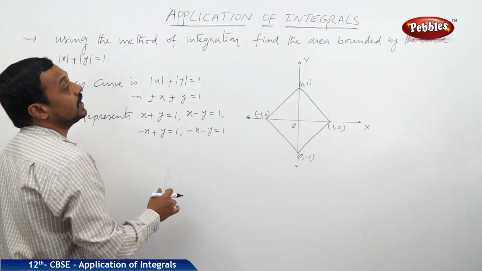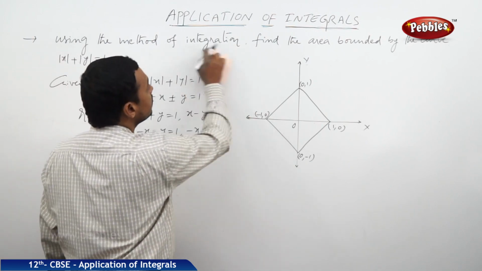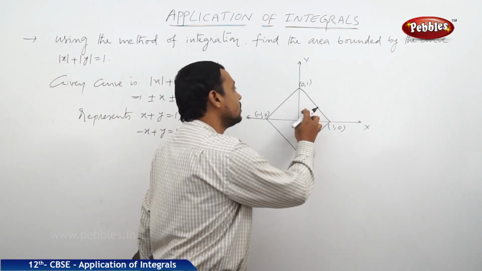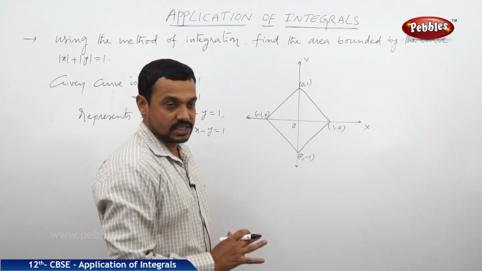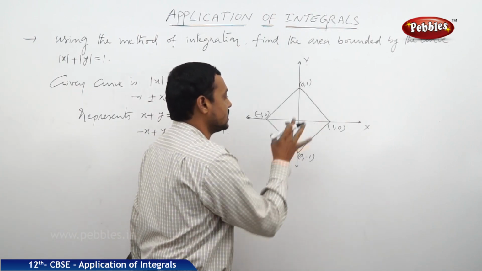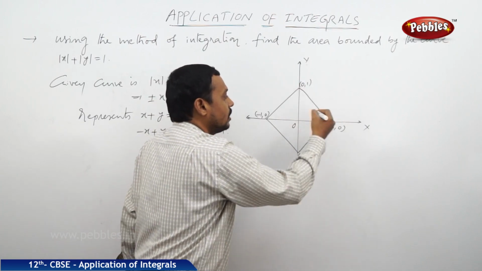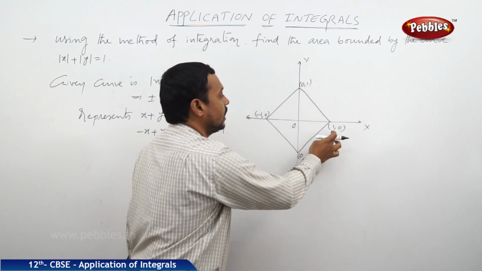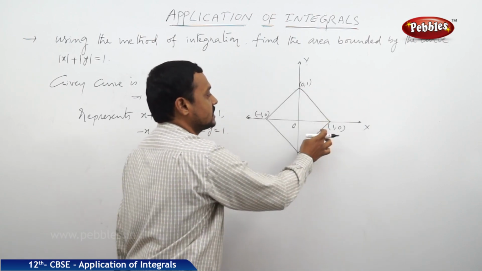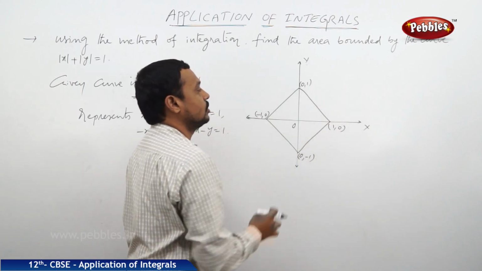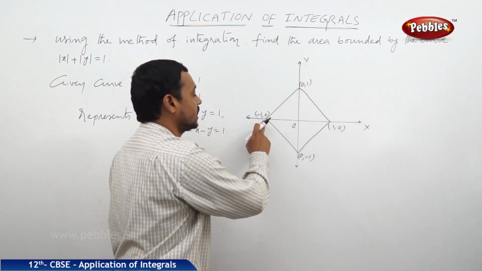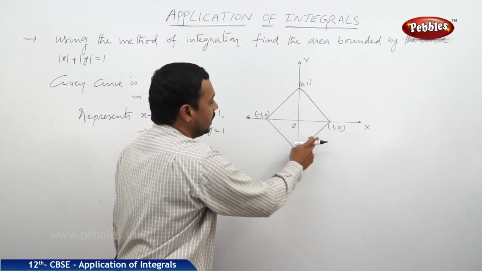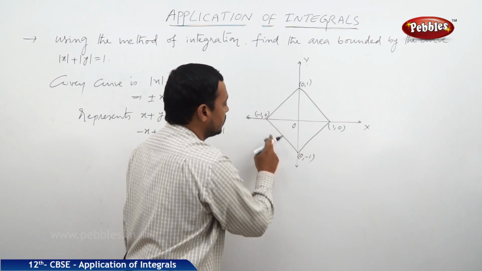Now we have to find the area of the region using the integration method. Look, this graph is symmetric about the x-axis and y-axis, because it is clearly observed that the straight lines intersect the coordinate axes at 1, 0; 0, 1; minus 1, 0; 0, minus 1.